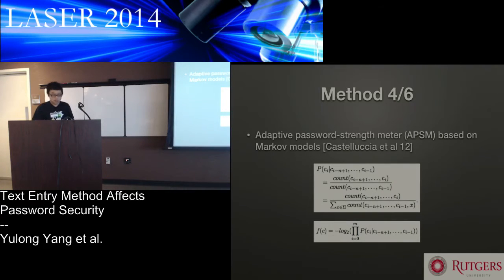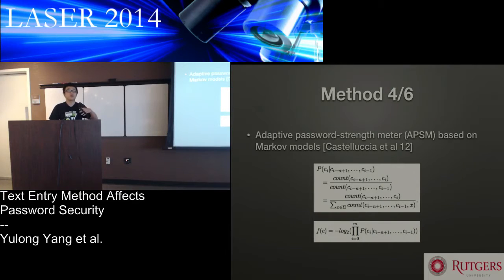Now they define the probability of each n-gram by its occurrence. The input of this model is first a large password data set, and they count the occurrences of all the 4-grams in this data set. Then it defines the probability of each 4-gram as the occurrences of this particular 4-gram over the total occurrences of all the 4-grams that share the same first 3 letters.